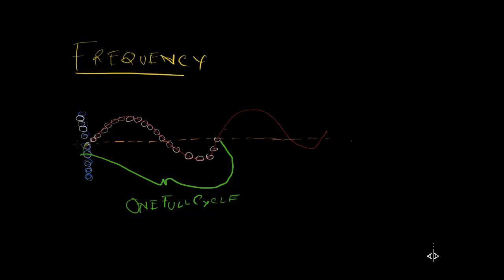That means if a wave moves more rapidly and completes a greater number of cycles in a given time frame, then it will be said to have greater frequency. Let us try to figure out the relative frequency of different waves.